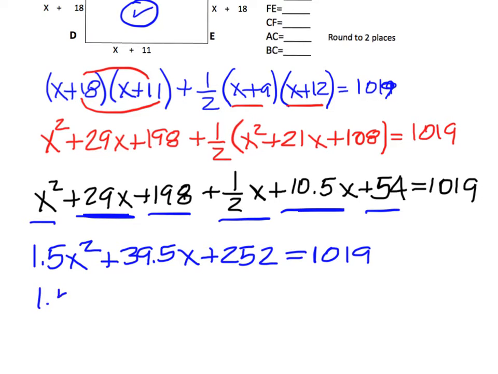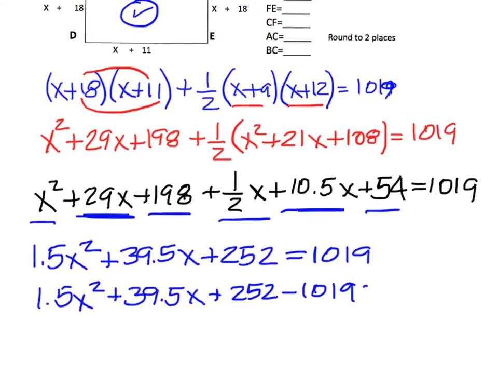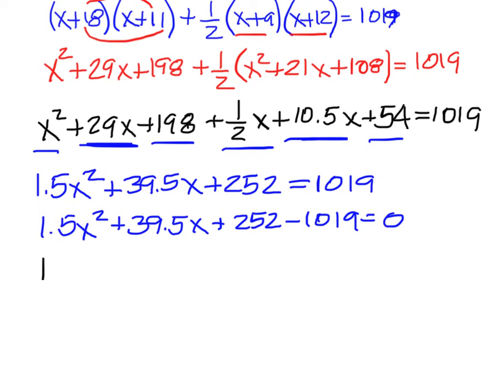Move the 1019 to the left and change the sign. And simplify those back two terms. So we'll have 1.5x squared plus 39.5x, and then we have 252 minus 1019.